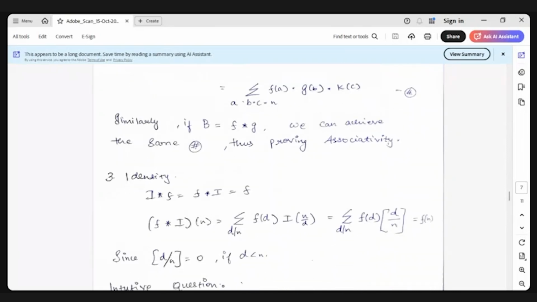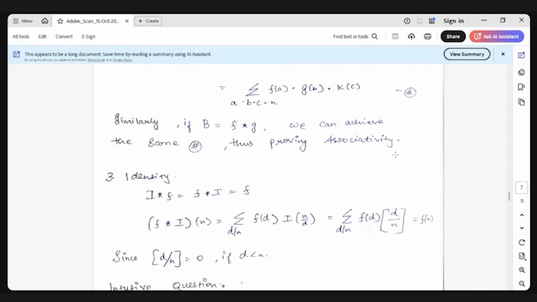Okay. So identity. I star f is equal to f star i, which is equal to f. How? f star i of n is equal to summation d divides n, f of d, i of n by d. i of n by d is going to be the floor function of d by n, because i of n is nothing but floor function of 1 by n.